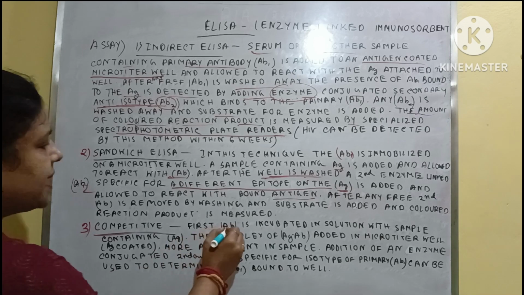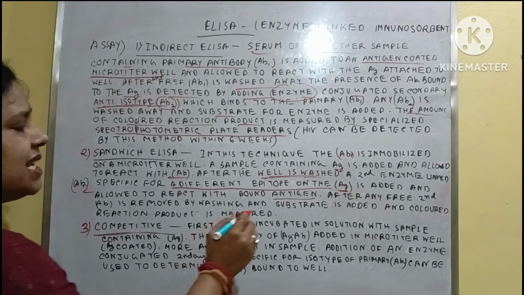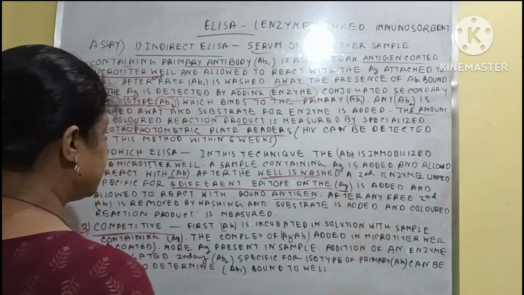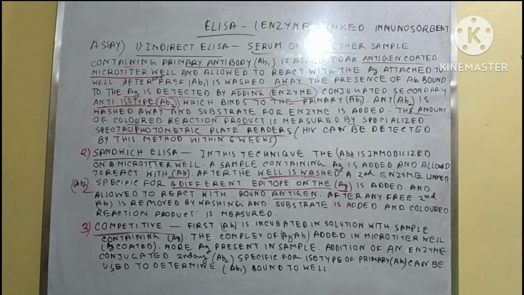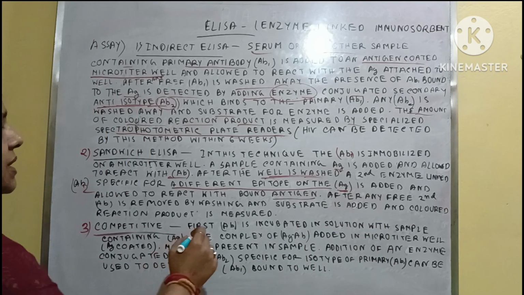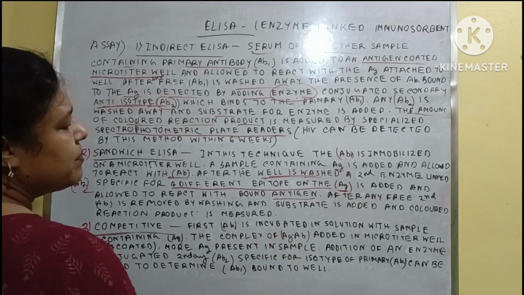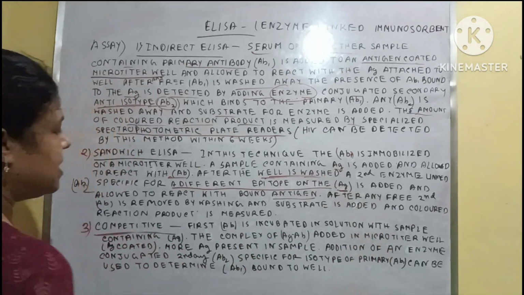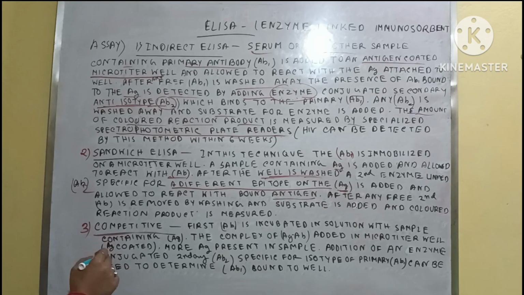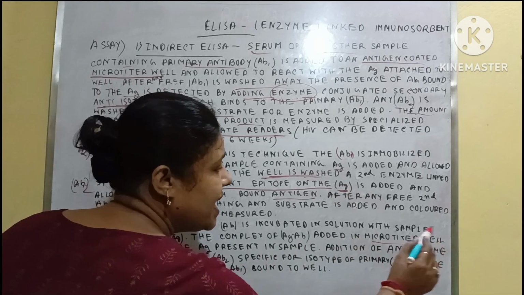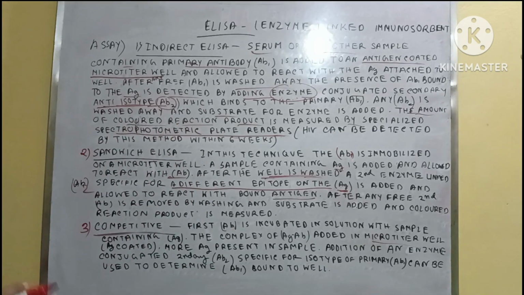Here the first antibody is incubated in solution with the sample containing antigen, and the AG-AB complex is added to a microtiter well which is already AG coated. AG coated means the microtiter well is coated with antigen, clear? The sample contains more antigen.